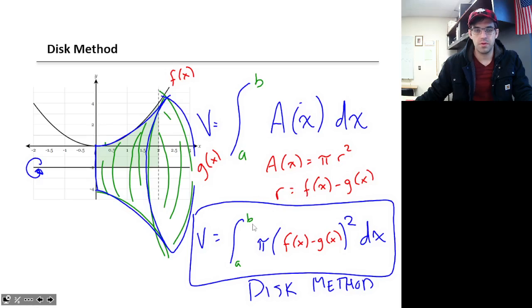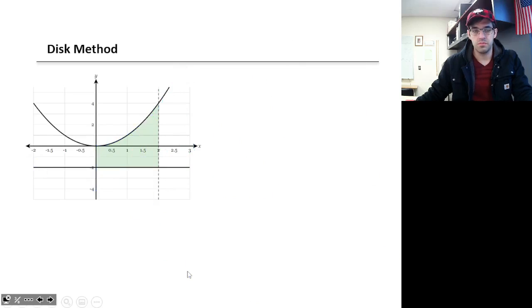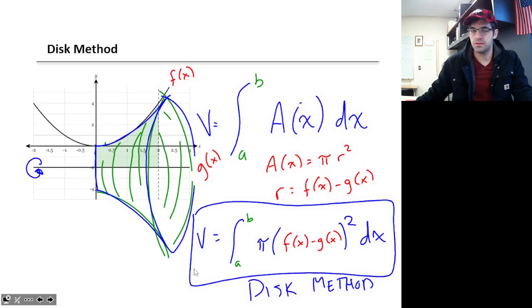We can write our integration using the disk method as the volume equals the integral of pi times the radius, which is f of x minus g of x, squared, times dx. Dx would be the height of each of those disks in this case. And that's how we calculate the volume of such a shape.